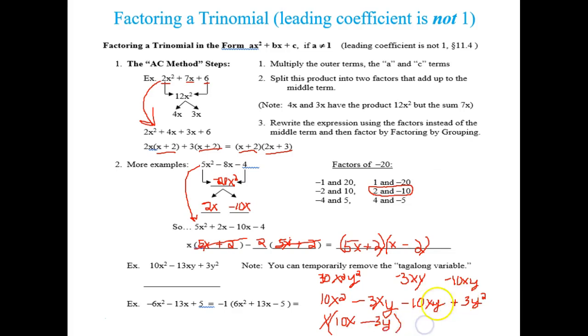And then in the last two terms, there's a y in both terms. And since that first term is negative, I'm going to distribute out a negative y. And so if I pull out a negative y, you have left over 10x.